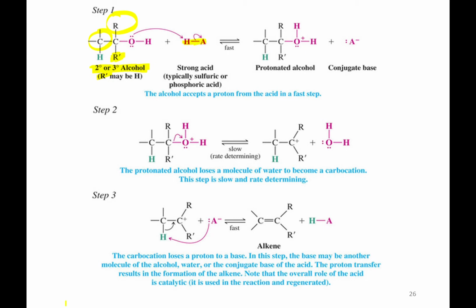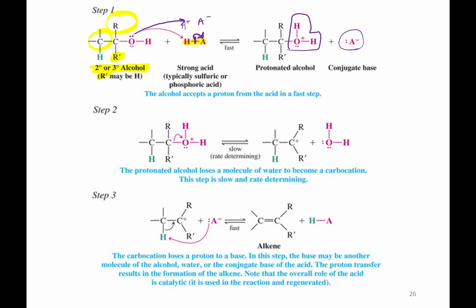Strong acids ionize in solution, meaning that they're going to break this bond and give the electrons to A, forming a hydrogen ion and A minus. Then these electrons on the oxygen are attracted to the positive side, where the hydrogen has no electrons, and we get this protonated alcohol group. And this is the conjugate base, if you remember that from acid-base conjugate pairs, which are the Bronsted-Lowry acid-base pairs.